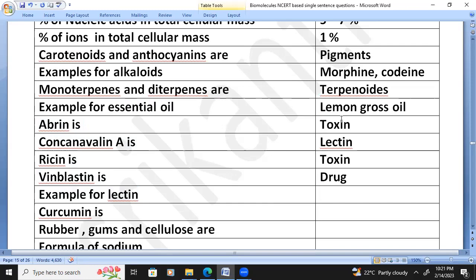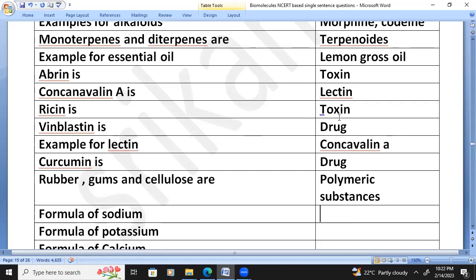Example for lectin, concanavalin A. Curcumin is a drug. Rubber, gums and cellulose are polymeric substances.